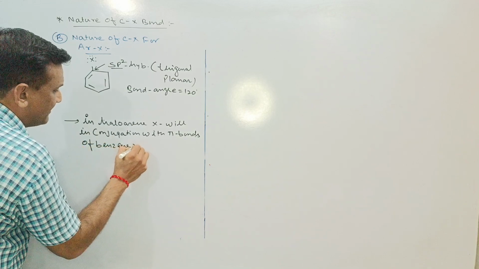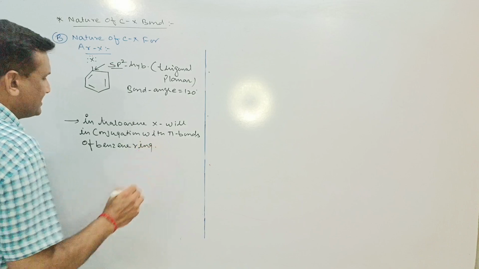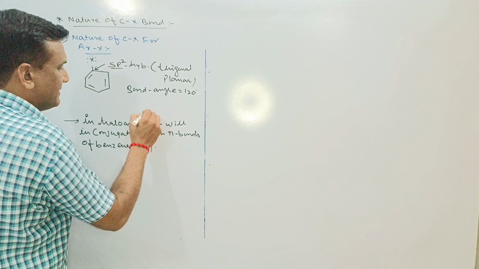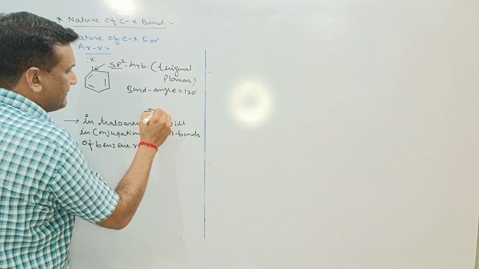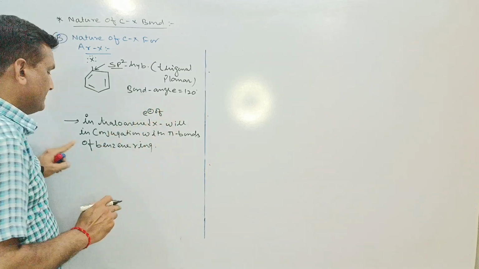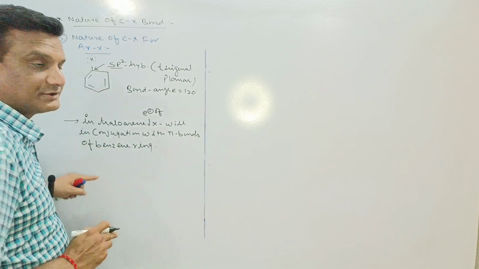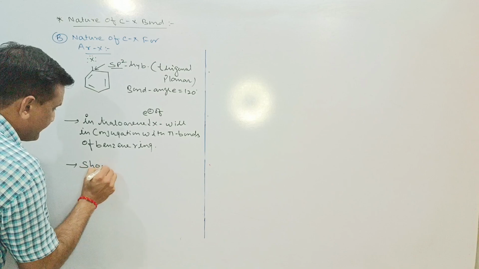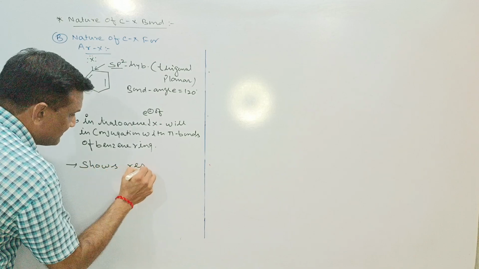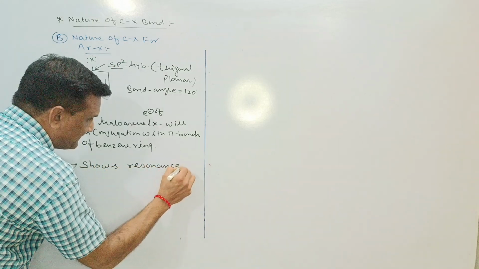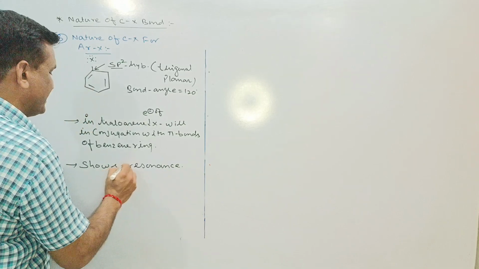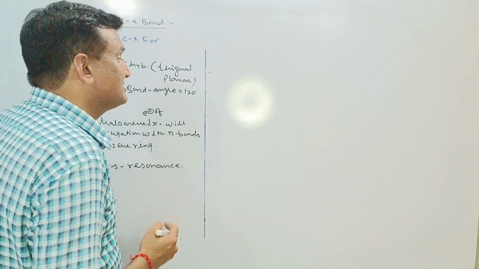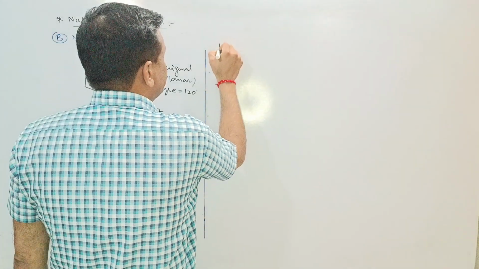In other words, in haloarine the lone pair of electrons of the halogen atom will be in conjugation with the pi bonds. So it shows resonance, because of conjugation between the pi bonds and the lone pair. If we go with the resonating structure, then what is that?